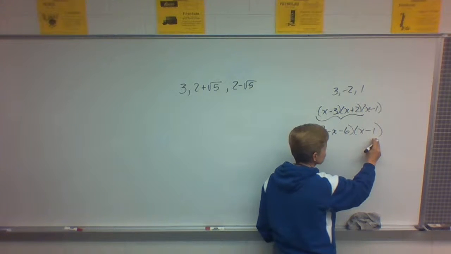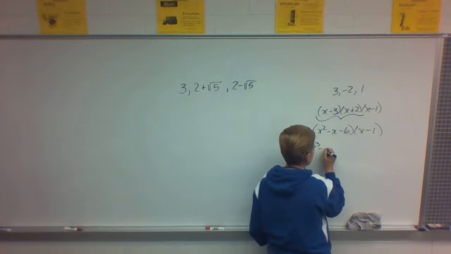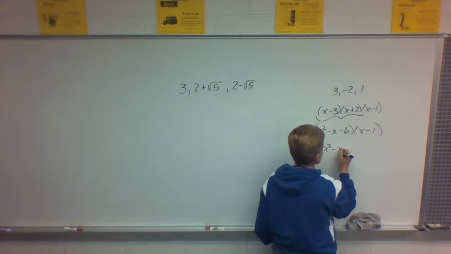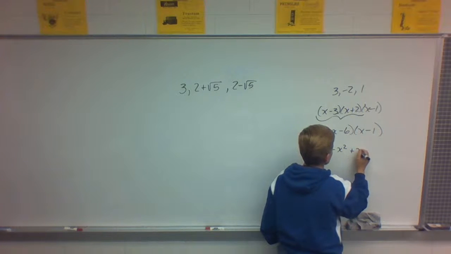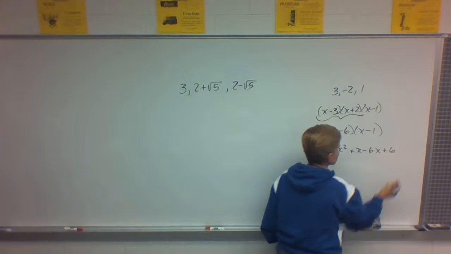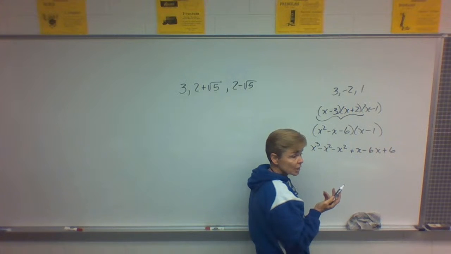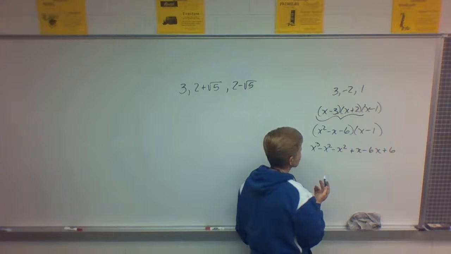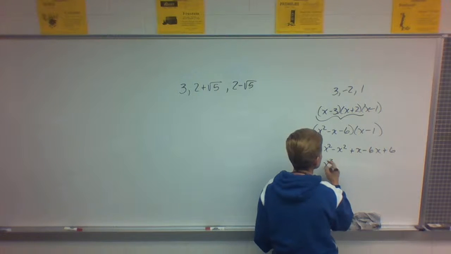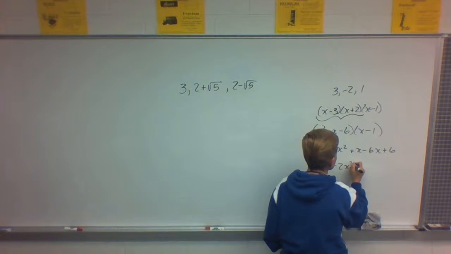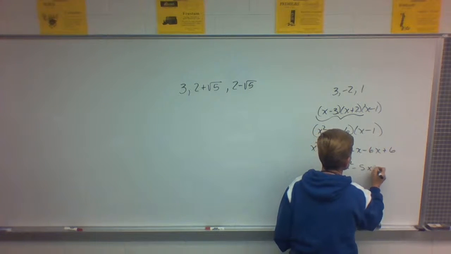Multiply those together, you would get x cubed minus x squared minus x squared plus x minus 6x plus 6. Remember doing this at the beginning of the chapter? And you get x cubed minus 2x squared minus 5x plus 6.